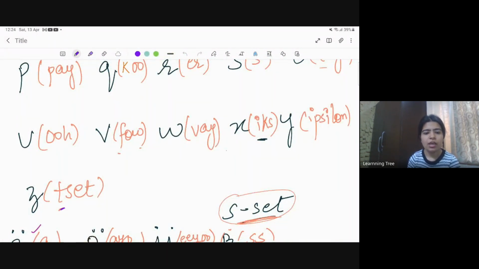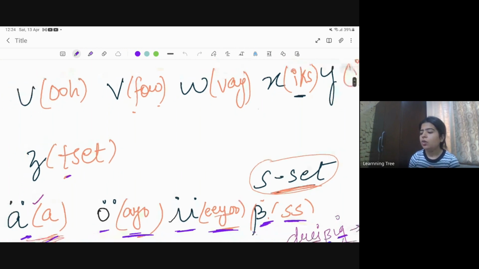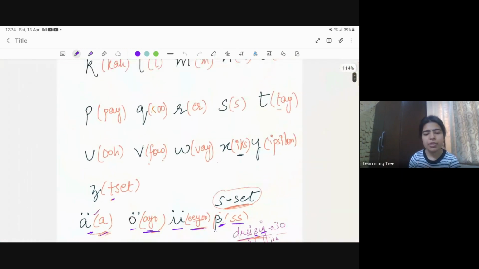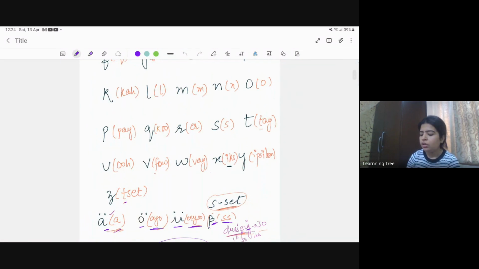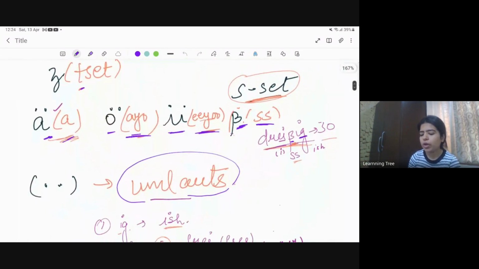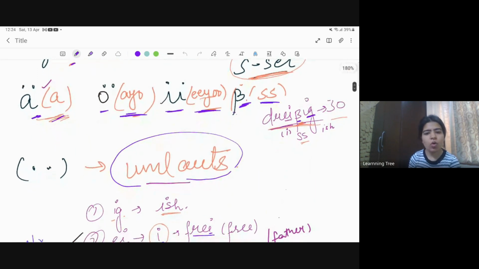Yeah, so T is silent. We are saying it set. Now, these were the 26 alphabets that we have in English also from A to Z. Now, German language has 4 more alphabets, right? So, the 2 dots that you can see on A, O, and U, these dots are called umlauts.